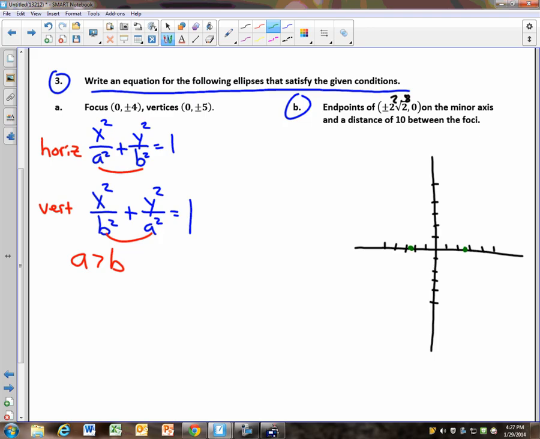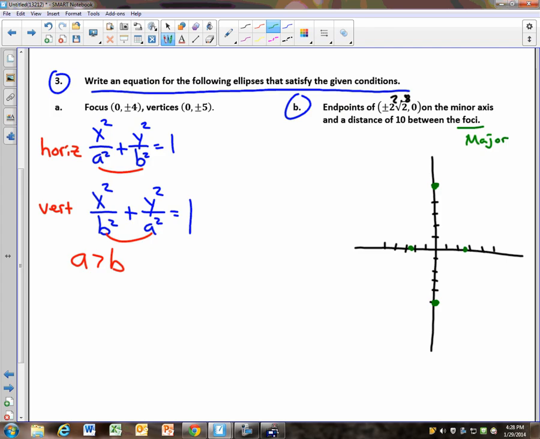That's the minor axis, so the foci don't lie on the minor axis. They lie on the major axis. So the major axis must be along the y-axis. It must be vertical. And if there's a distance of 10 between the foci, then the foci must be, I'm sorry, 5 units in each direction for a total distance of 10.